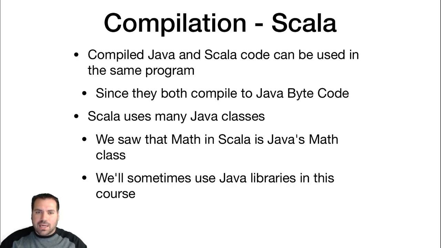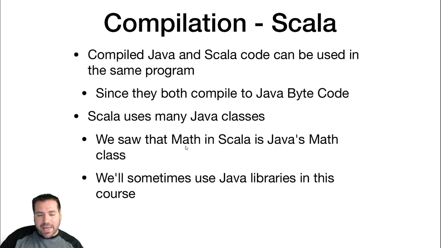Since they're both compiled down to Java bytecode, by the time they're executed in the Java Virtual Machine, they look identical. The JVM can't tell the difference between Java bytecode that was compiled from Java and Java bytecode that was compiled from Scala. It's the same thing at that point. So we can mix Scala and Java as much as we want, in the same program. And in fact, we will do that throughout the class.